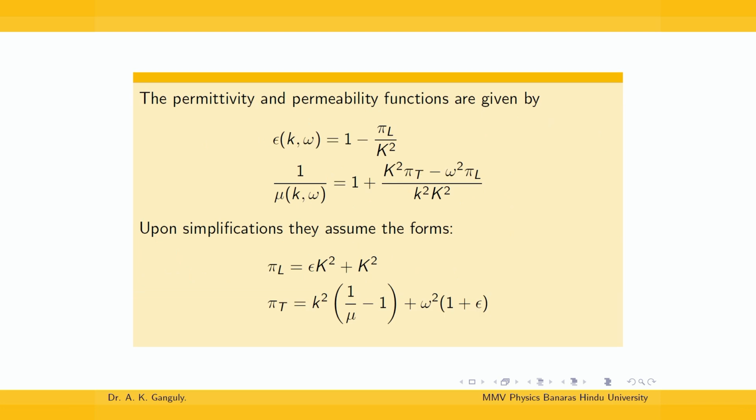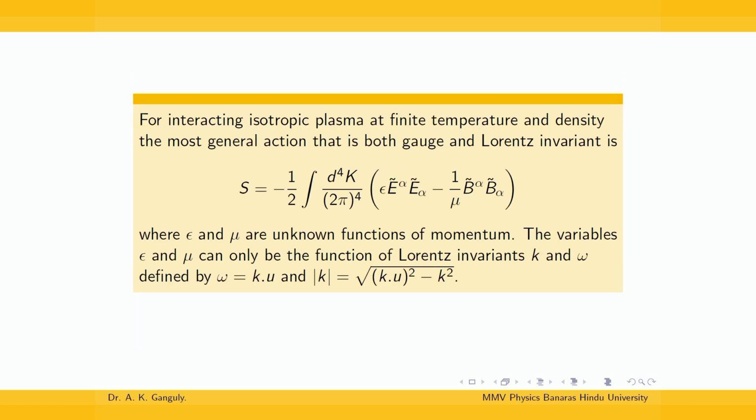These factors are called permittivity and permeability. They are multiplying prefactors to the quadratic electric field and the quadratic magnetic field. And in principle, they can only be functions of temperature or Lorentz invariant combinations of k, omega, etc. Those can be constructed from the system variables like wave vector, the medium frame velocity and 4k square. And needless to say, the E tilde and B tildes are also present.